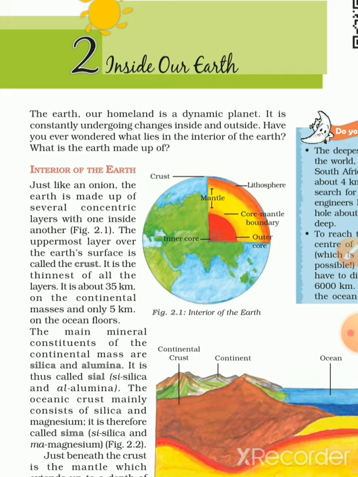So, the first point we are going to see is the interior of the earth. If we take the example of a boiled egg, we can see there are three different layers. The outermost layer is a hard cover, then inside that there is a layer of white color, and the innermost layer is of yellow color.